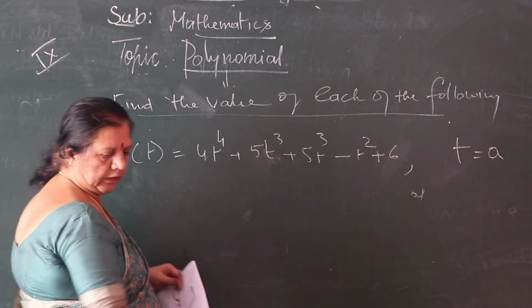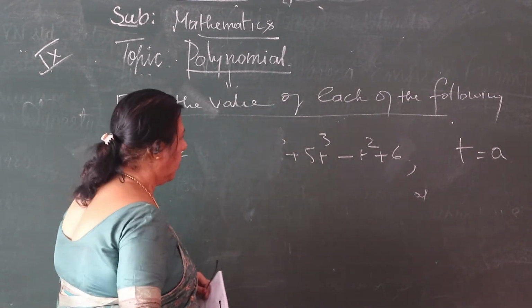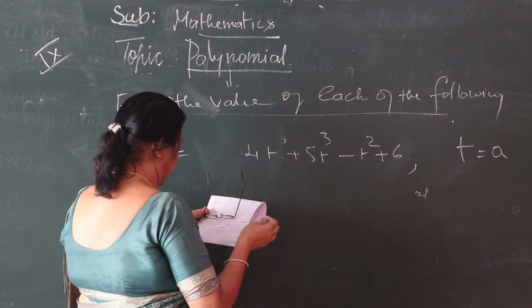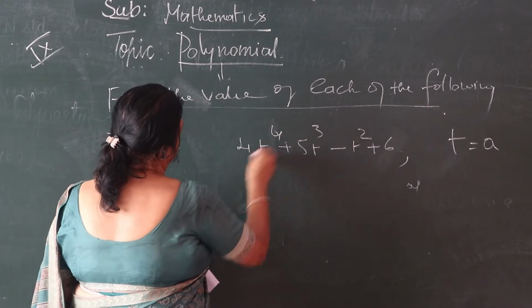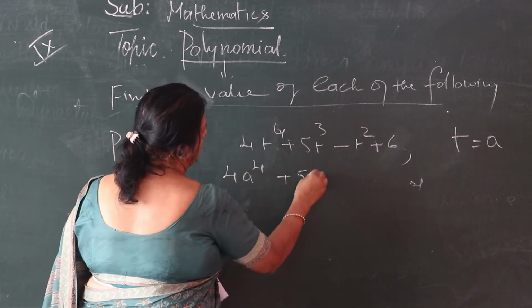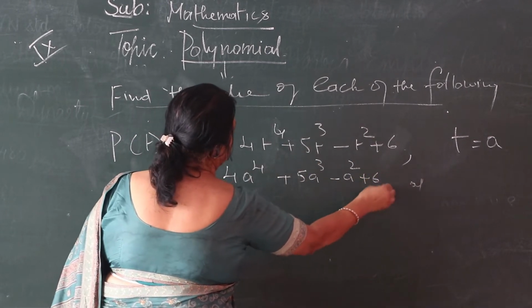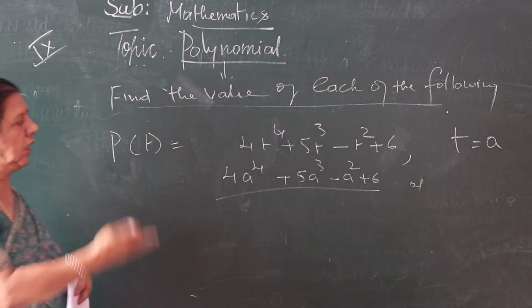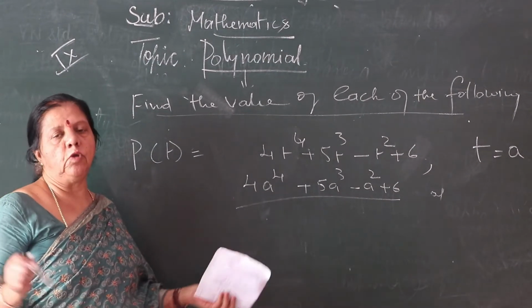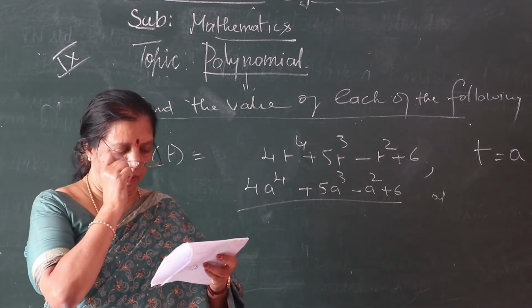This is repetition now. So 4a to the power of 4 plus 5a cube minus a square plus 6. There is no other simplification. Just a variable they have given, substituted. You leave it like that only. This is the way you have to solve the problem.